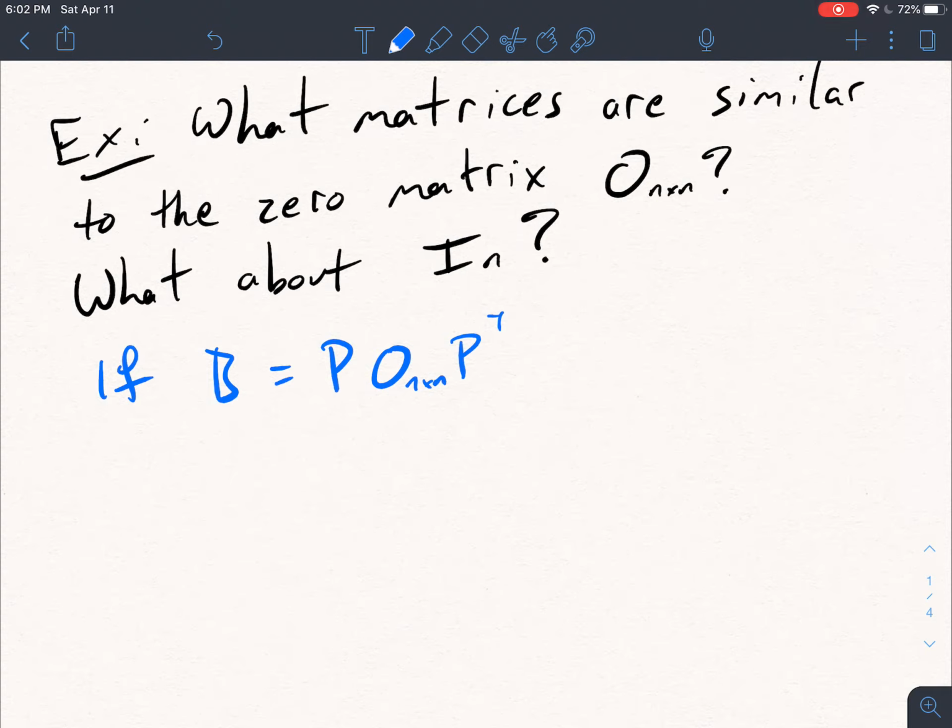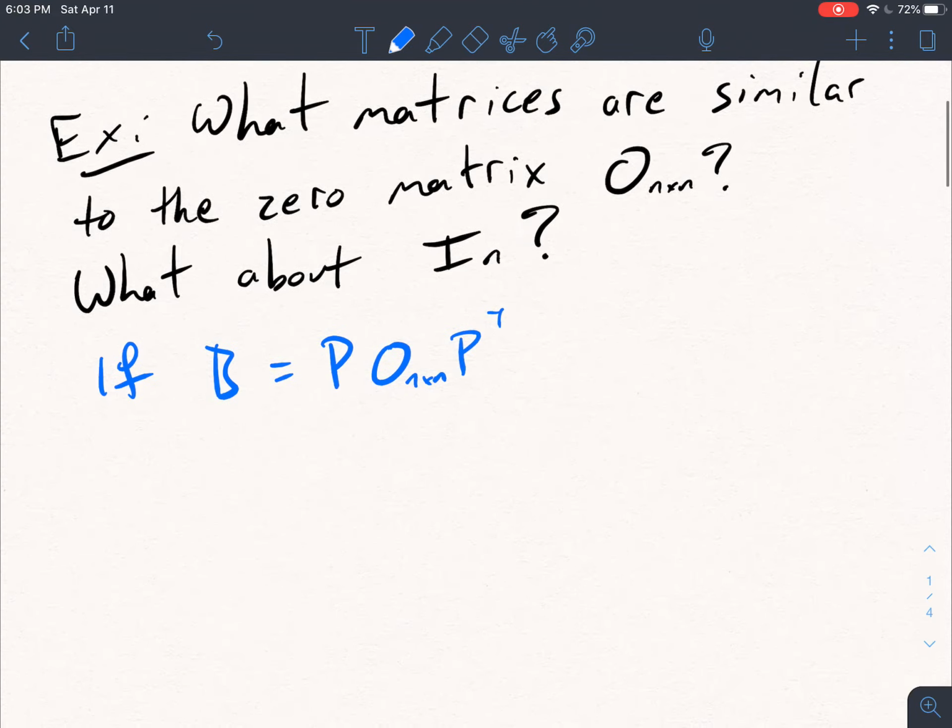So that means that it's equal to P times the zero matrix times P inverse. Well, then right away I can say, because I'm multiplying the zero matrix times some other things, keep in mind that P and P inverse have to also be square matrices of the same size as the matrix in the middle that you're multiplying by. But anyway, it doesn't matter so much.